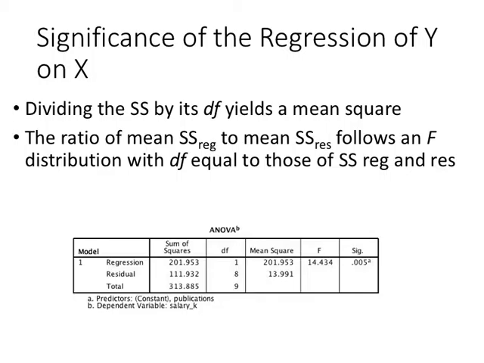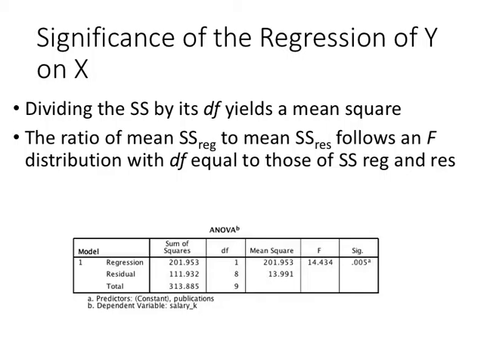The good mean sums of squares divided by the error, or the bad, follows an F distribution. So 201.953, if you put that in your calculator, divided by 13.991 is going to be 14.434.